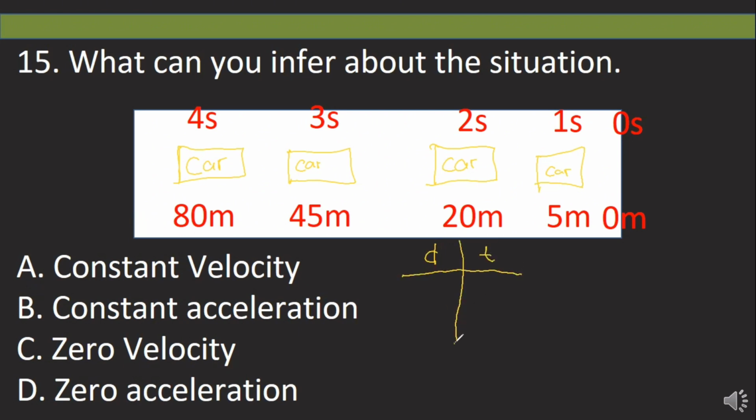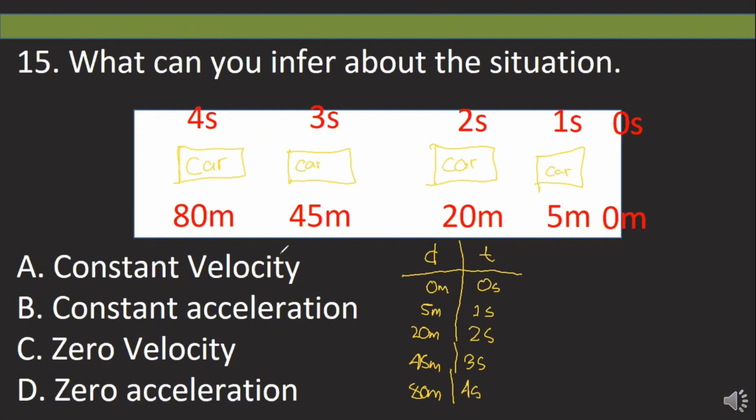Okay. So we have here 0 meters, 0 seconds. 5 meters, 1 second. 20 meters, 2 seconds. 45 meters, 3 seconds. Then 80 meters, 4 seconds.